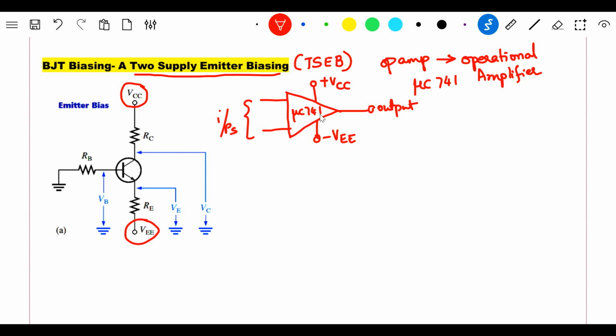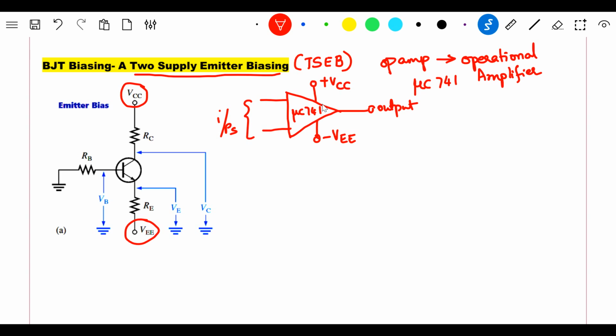But let me discuss this two supply emitter biasing circuit and how we can make IC and VC values be generated so that we get a proper Q point for this biasing circuit to work, and also be independent of problems that a BJT transistor has during amplification.